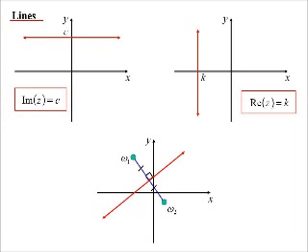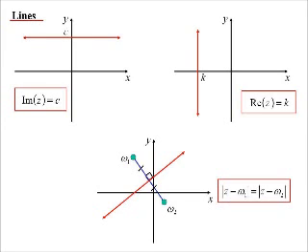Now, any line we should be able to do this with. So what we're now basically saying is, remember, on that red line are all the possible z's. We're saying if we join z up to w1, the length of that vector will be the same as if I join z up to w2. So we're saying modulus equals modulus. We're saying the lengths of these vectors are the same.